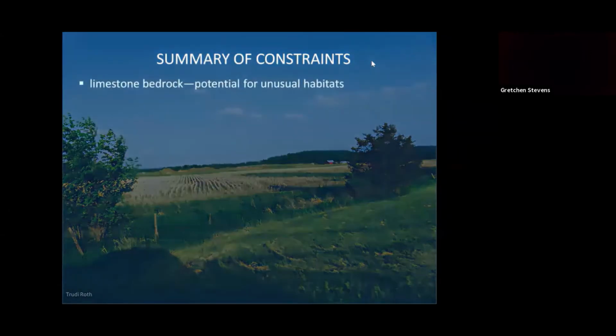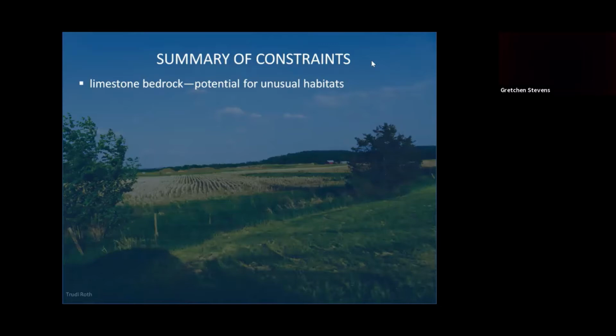So what we have seen, just looking at those few maps, are a bunch of features that may pose some constraints on this site. For example, the limestone bedrock. It presents some potential for unusual habitats.